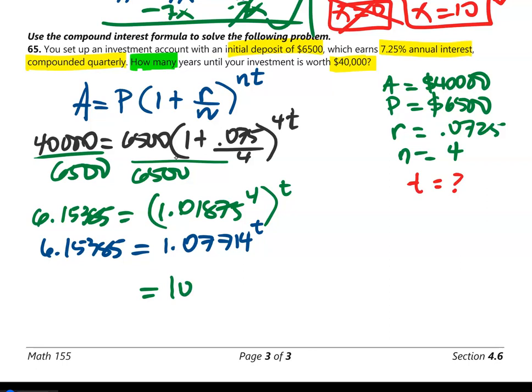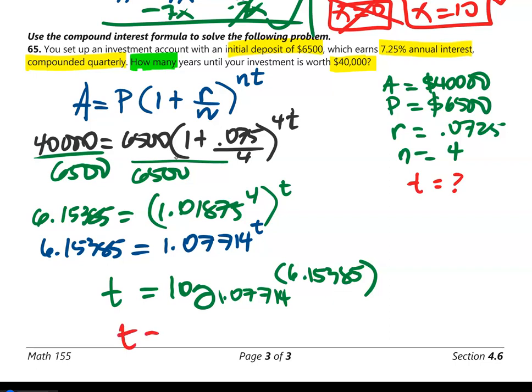So remember, this is the base of the exponent, so that's going to be the base of your log, 1.07714, and the exponent is going to be here, and this is log of that 6.15385. Okay, and now we will be able to get our t. And it's approximately equal to 24.45 years.